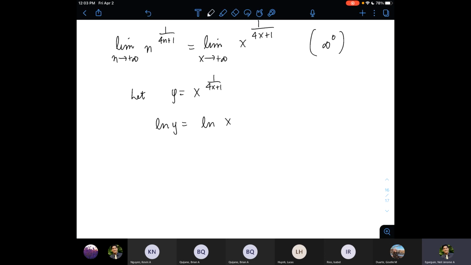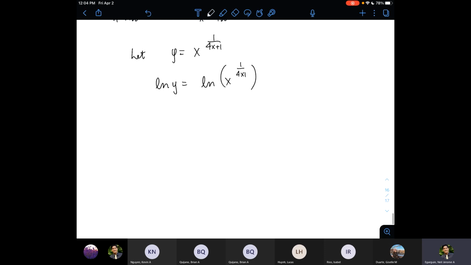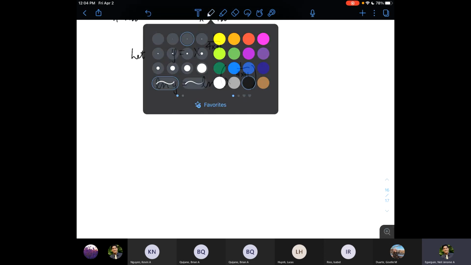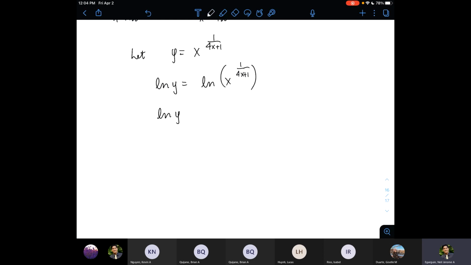So that the exponent will come down via laws of exponents, because if you have an exponent inside a logarithm, that exponent can go down in front as a coefficient. So what will happen here? We'll get ln y is equal to 1 over 4x plus 1 times the natural log of x, all right? And then I'll take the limit of both sides as x approaches infinity.